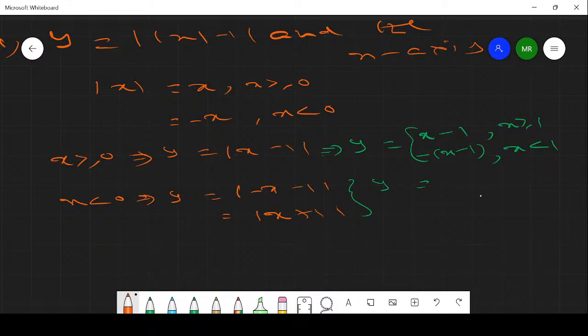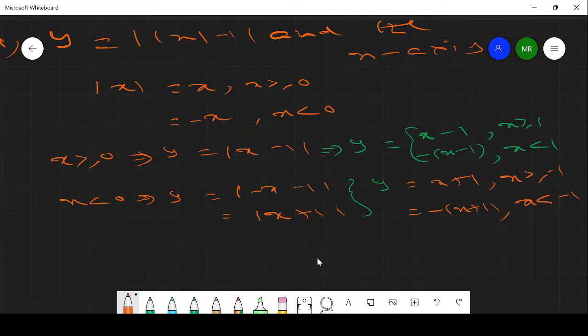If x value is greater than or equal to minus 1, which is 0 at minus 1, it comes y equal to x plus 1. And y is equal to minus of x plus 1 when x value is less than minus 1.